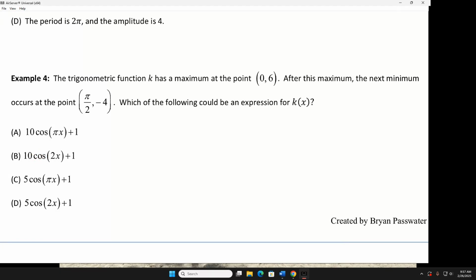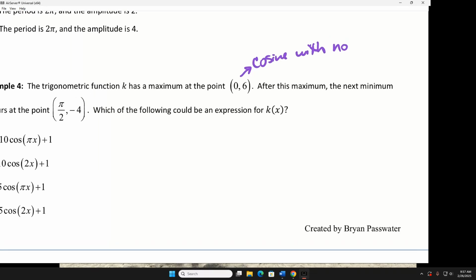Now, one thing to keep in mind is that cosine with no horizontal shift has a max at 0.